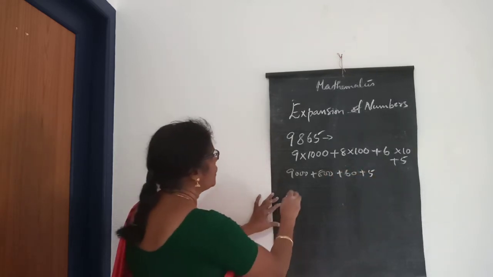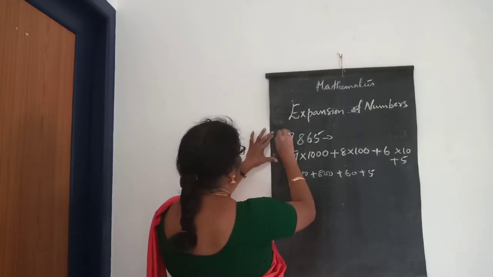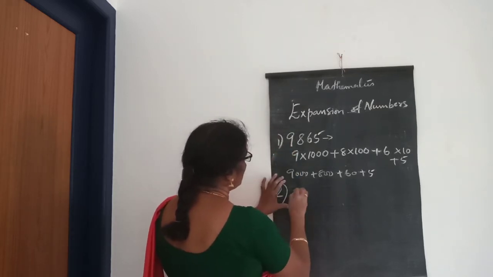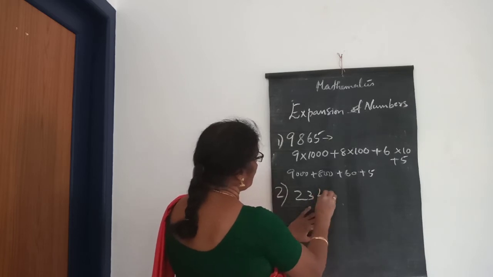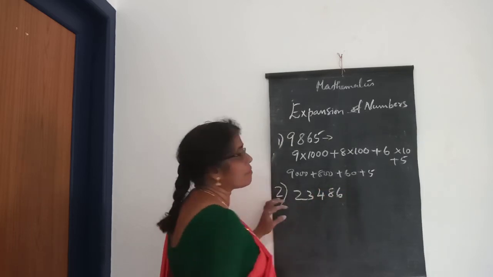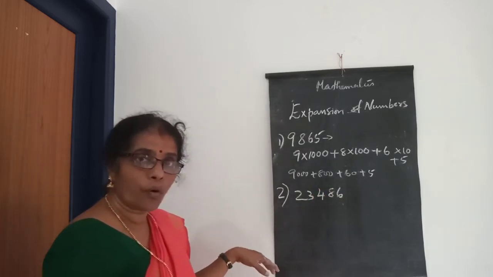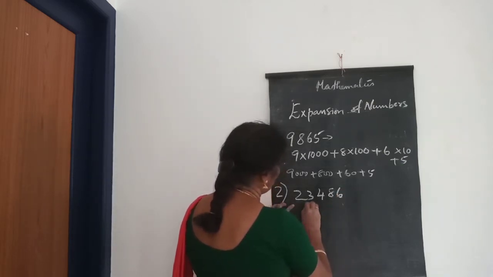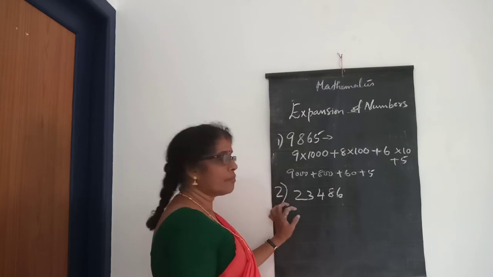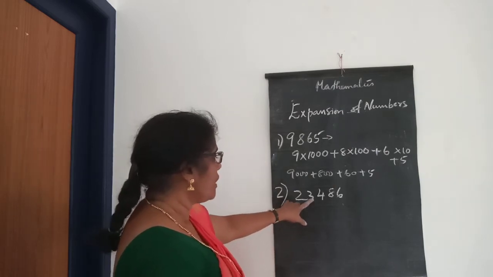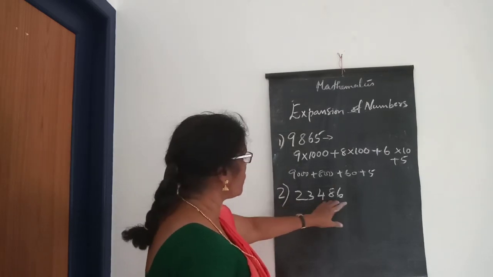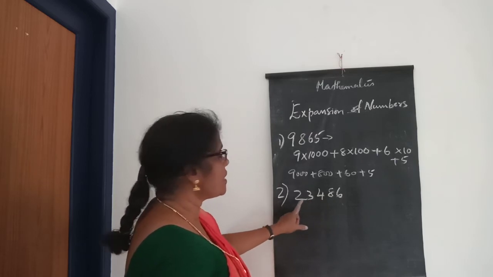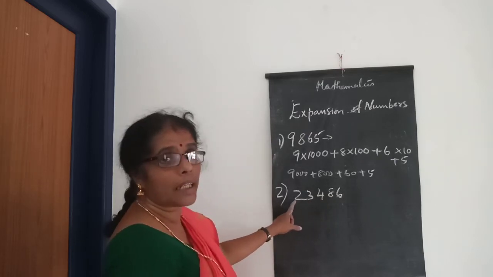The next one, number 2: 23,486. How many thousands here? Here 23,000. So ones, tens, hundreds, thousands, 10,000.